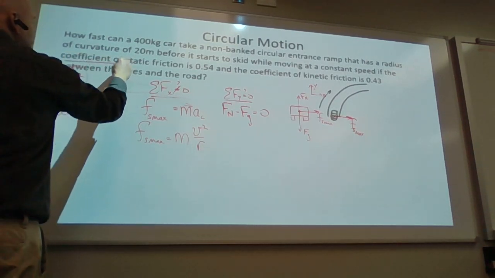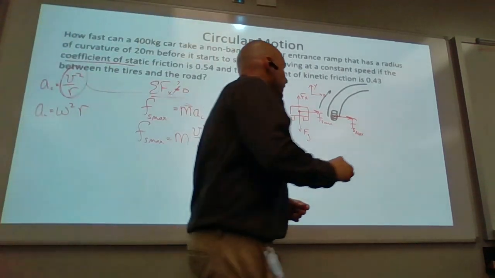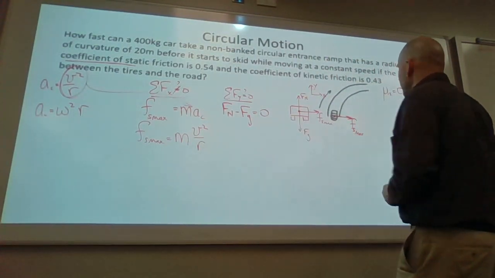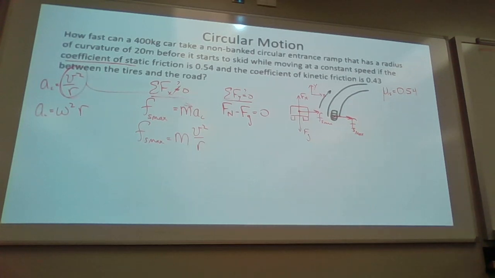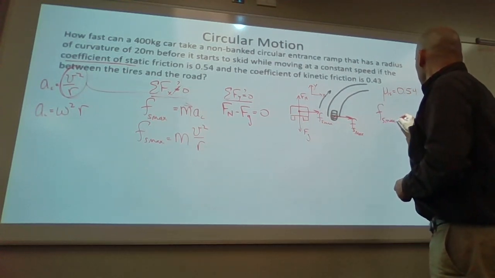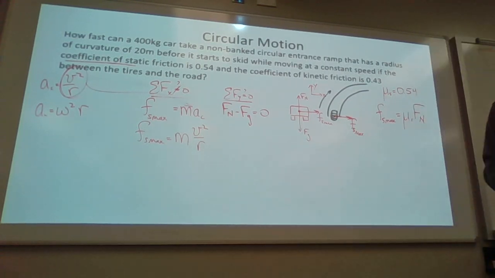This is the coefficient. That's this thing. Remember? Coefficient is 0.54. So anytime you're given the coefficient, you use this equation to find the maximum static friction. So that is the setup.